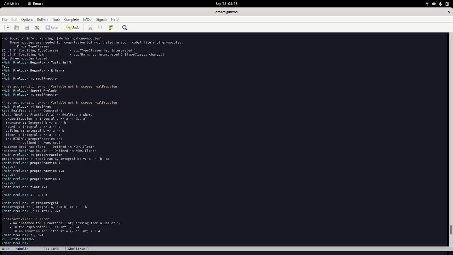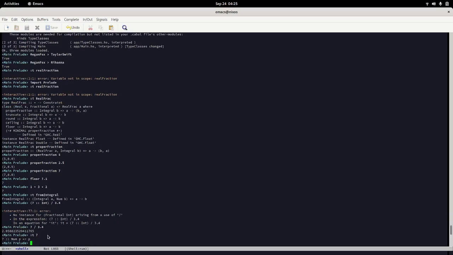And the reason it's not going to work, I think this would actually work too if I said that, because if I look at the type of 7, it's a type Num. If I tell it that the type of 7 is an Int, then it doesn't know how to work with it. Here, it is assuming, since I've only told it that I want to use the literal 7, it doesn't know what exactly that is.